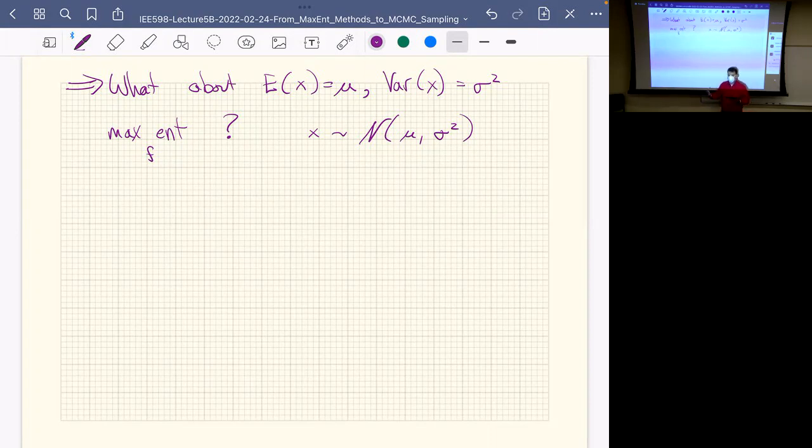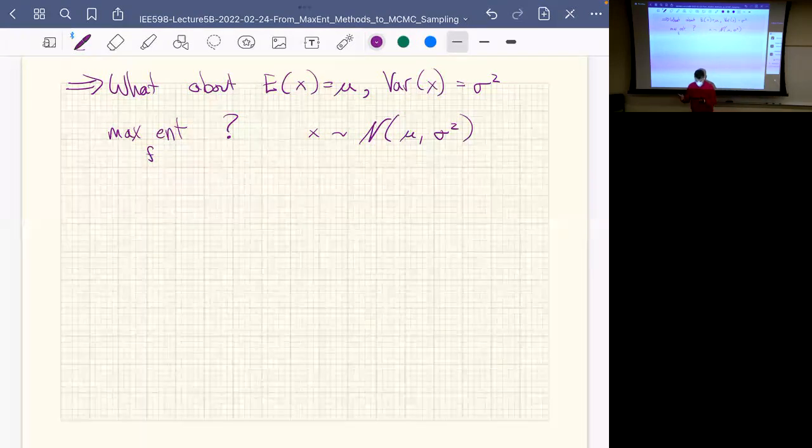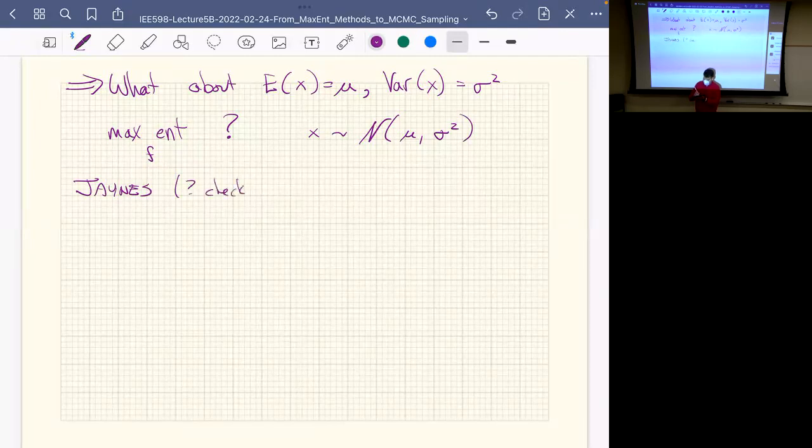So when you model a physical system, once you know all of its constraints, if you don't have any other information about it, that's part of the way physicists get their distributions: they assume it's maximum entropy across that. There's a guy named Jaynes, I think. Check the spelling.